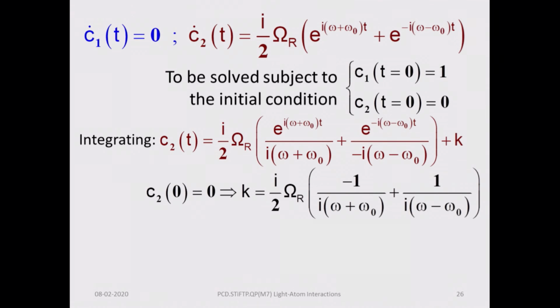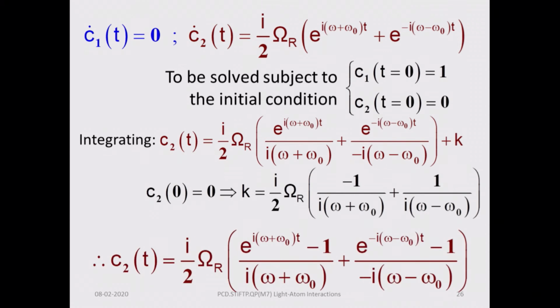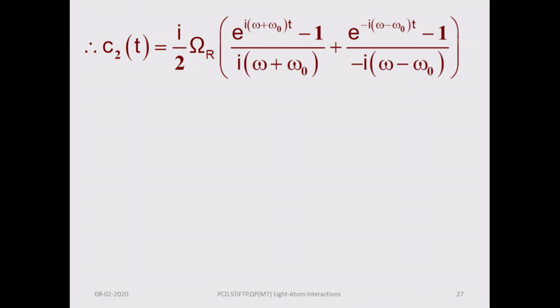You have to use the initial conditions to determine the constant of integration k, and then rewrite the solution with the constant of integration determined, and now you have this relationship here.